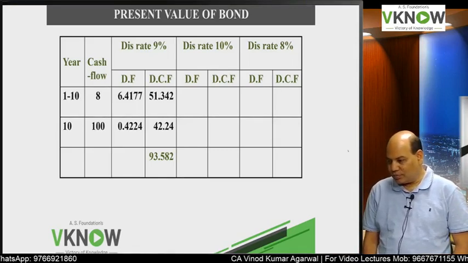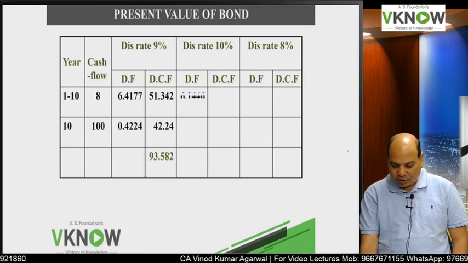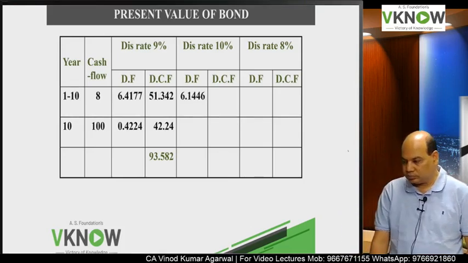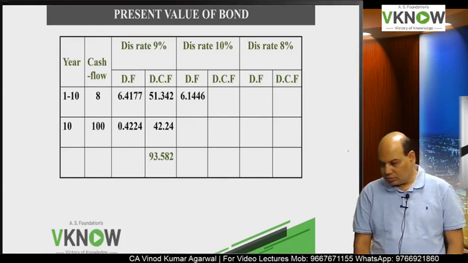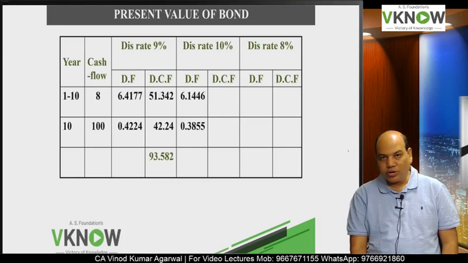93.582. Now try the same thing for 10%. 10% factor 6.1446. Correct? 10th year factor 0.3855.